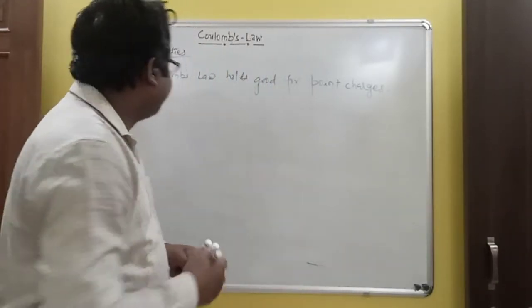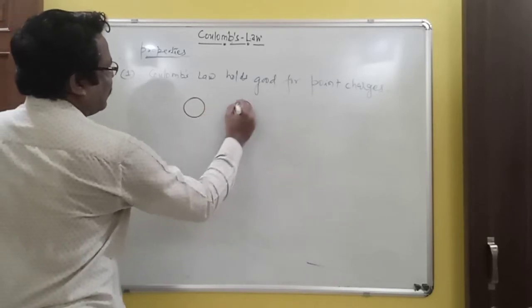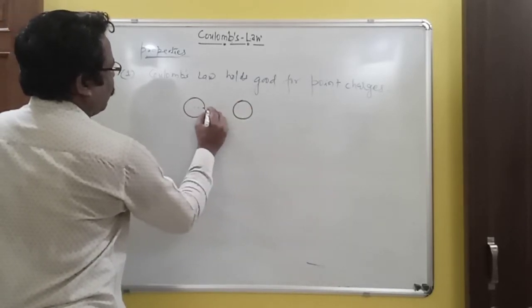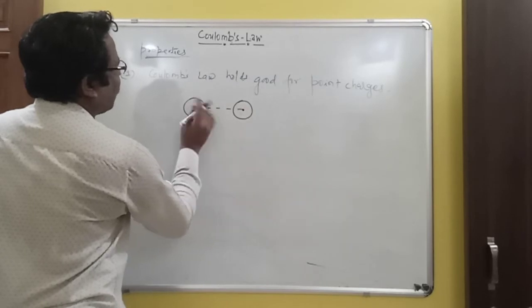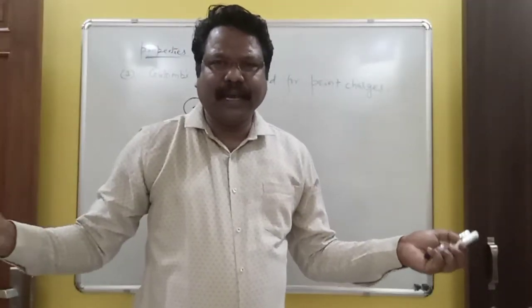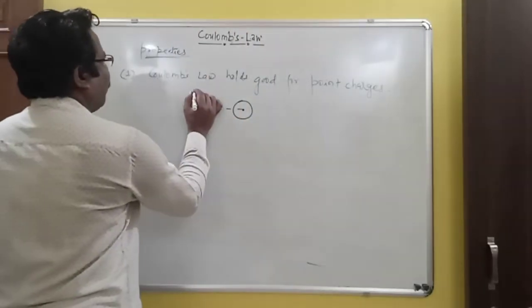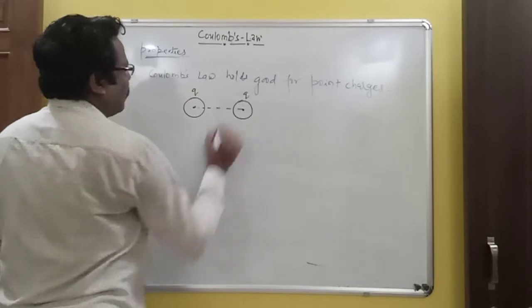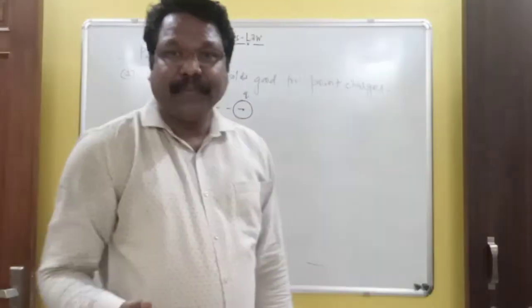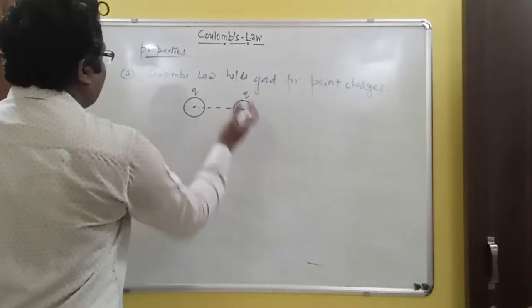What does the question say? You have given two identical spherical bodies which are kept nearby. They are not kept at a very large distance apart. Okay, they are kept nearby. And suppose you give these identical conductors same charges Q and Q, like charges.